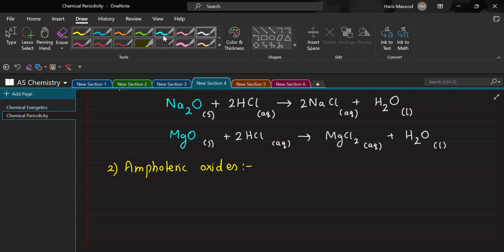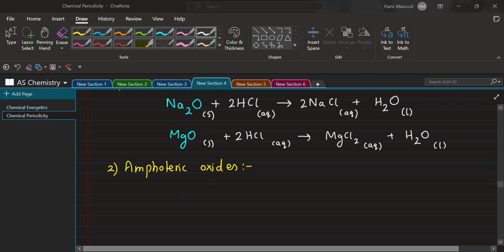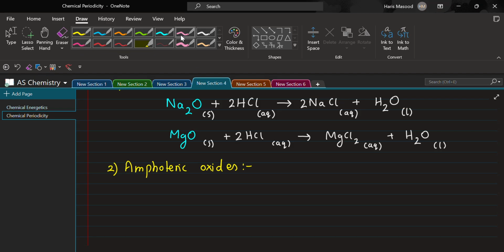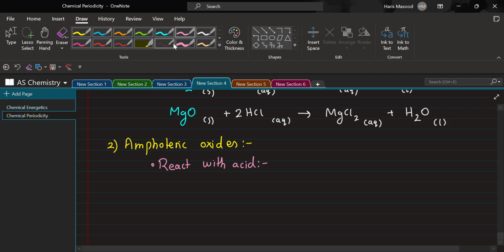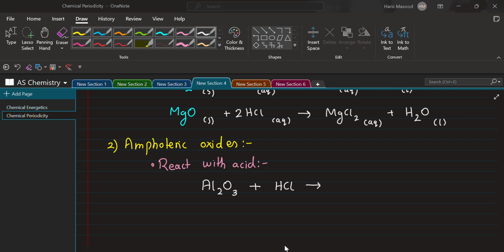So for amphoteric, we have aluminium oxide. First I will react it with an acid. If I am reacting with an acid, it will be acting as a base. This will form salt and water.